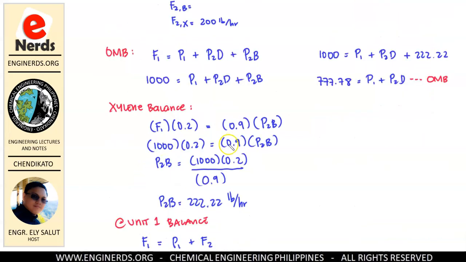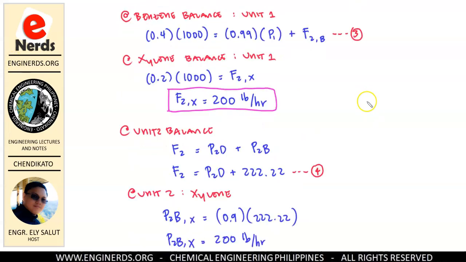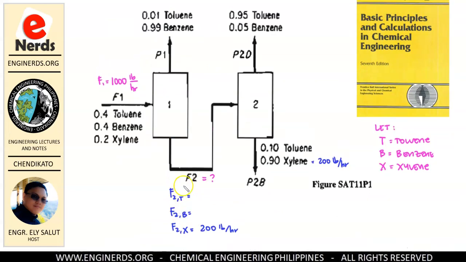Okay, so now let us have toluene balance dito sa ating unit 2. Okay, so we have at unit 2, let us have toluene balance. Alright, so we don't know how much toluene we have in F2, so we can write this as F2T. And then toluene dito sa ating P2D is 0.95.